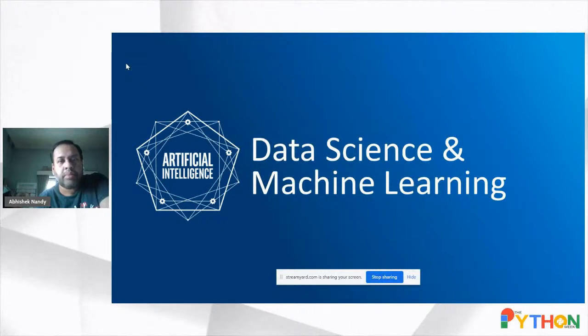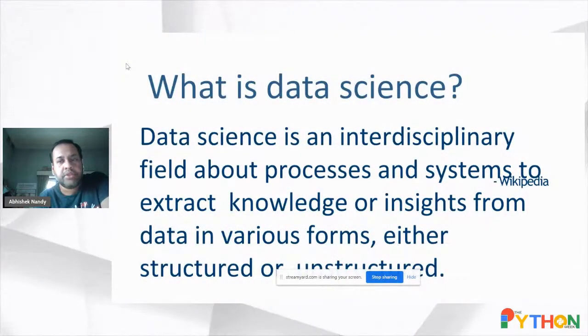First touching upon the basics of data science, and then we will move on to machine learning. So let's start with what exactly data science means. Nowadays, when we stress upon this particular subject, we have a plethora of information coming in. If you want to break it down, we have processes, and from those processes we have to extract knowledge, and when we are extracting knowledge we have to get some insights in various forms, either structured or unstructured.